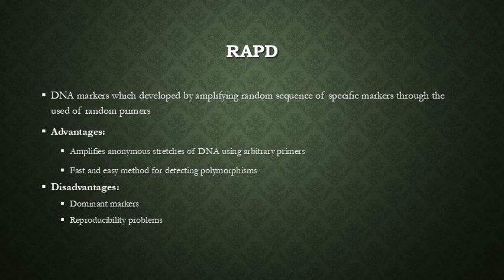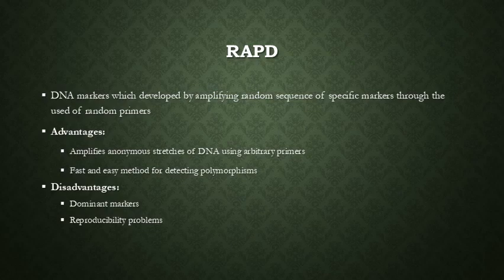As I told you, this is developed by amplifying random sequences of a specific marker through random primers. Its advantage is that it amplifies anonymous stretches of DNA using any primers, and it is very fast and easy to detect any kind of polymorphism, especially SNPs.